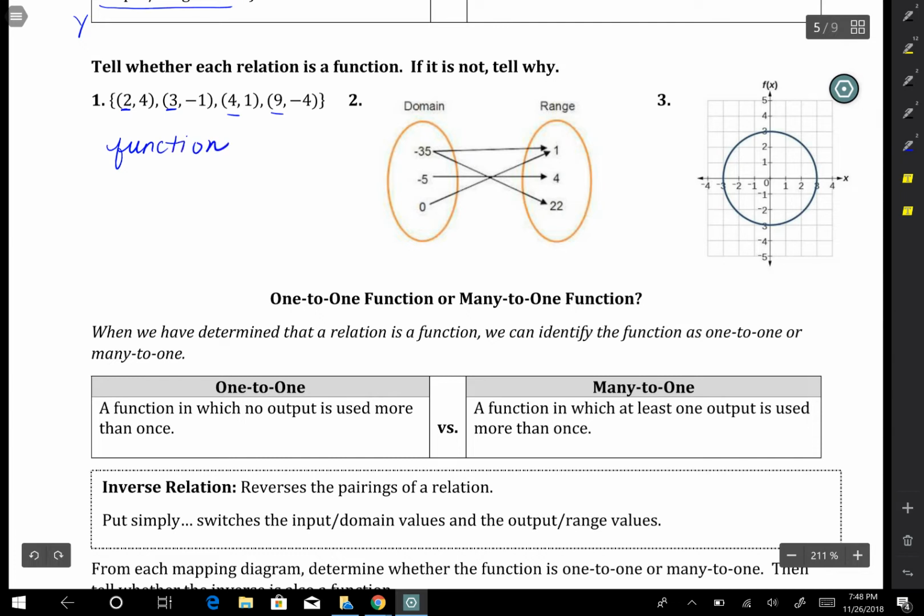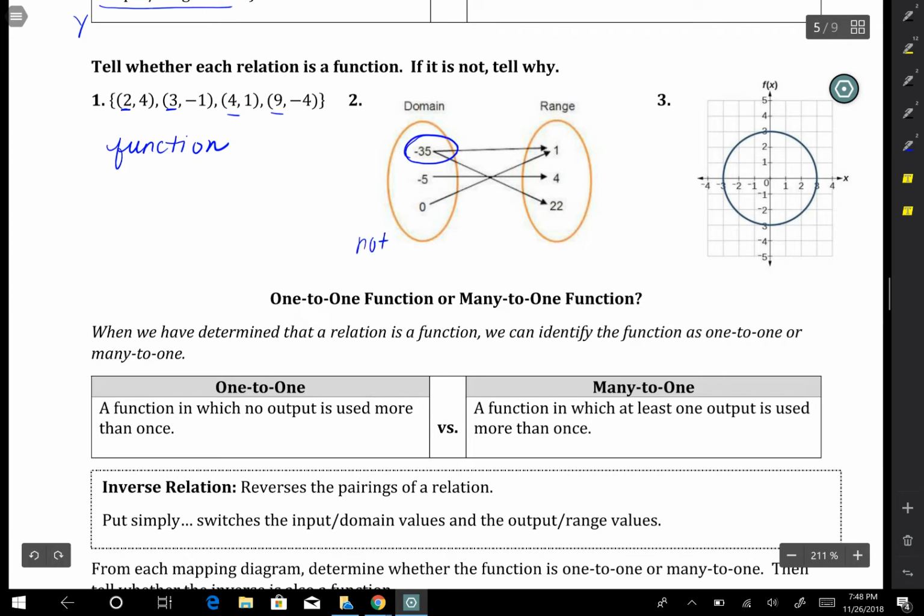In number 2, we have a mapping diagram. My domain, or my input values, are negative 35, negative 5, and 0, and the arrows show what output value they are going to. Negative 35 is going to 1 and 22. Negative 5 is going to 4, and 0 is going to 1. So this actually is not a function because of negative 35.